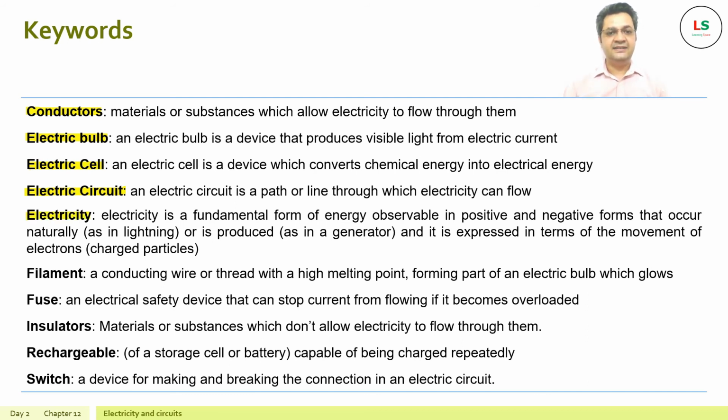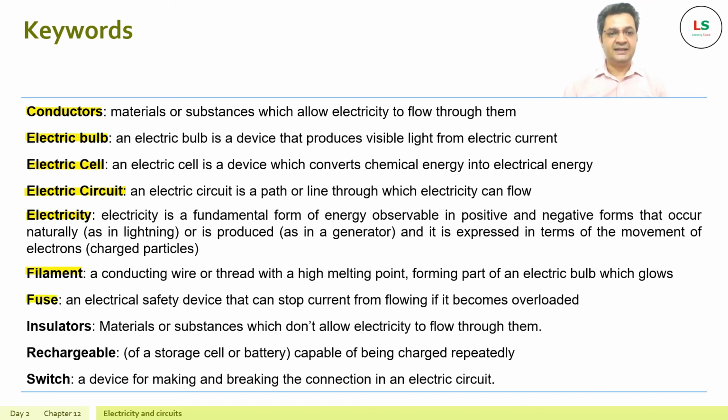Electricity. Electricity is fundamental form of energy observable in positive and negative forms that occur naturally as in lightning, or is produced as in a generator and is expressed in terms of the movement of electrons, charged particles. Filament. A conducting wire or thread with a high melting point forming part of an electric bulb which glows.